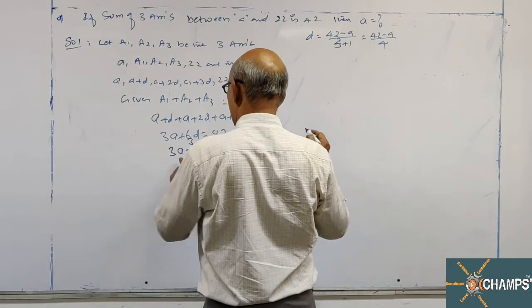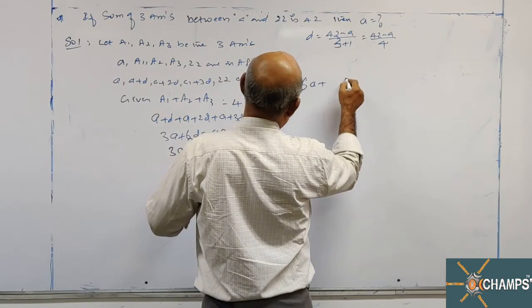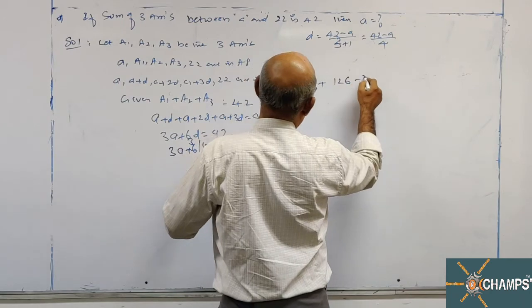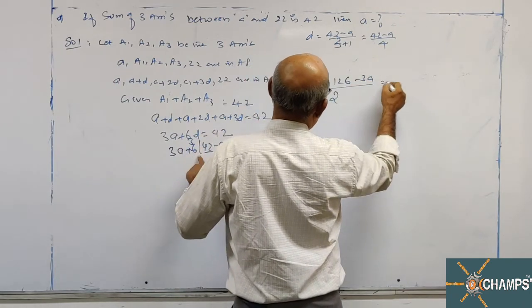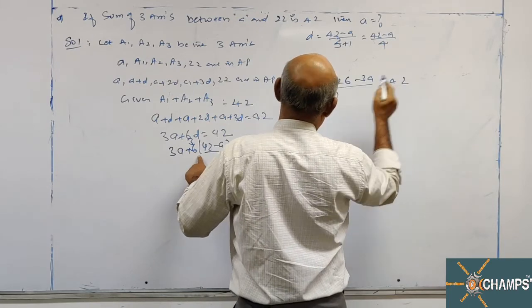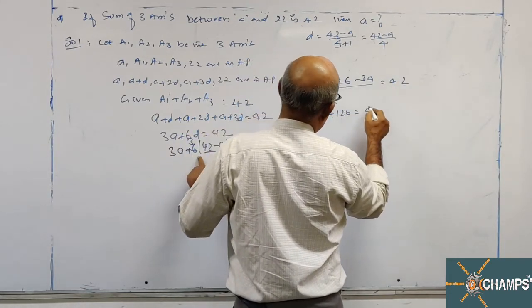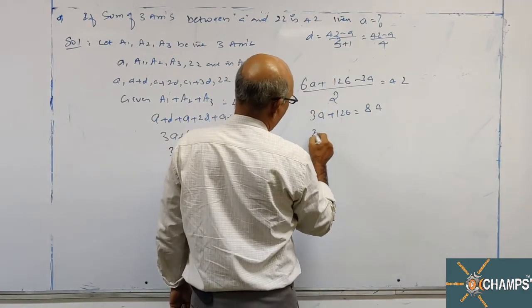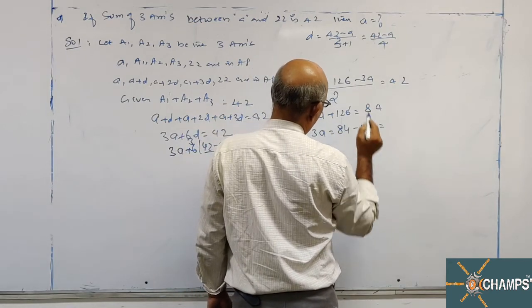Take LCM. 6A plus 126 minus 3A divided by 2 is 42. 3A plus 126 is equal to 84.